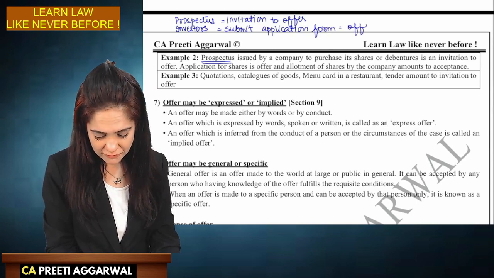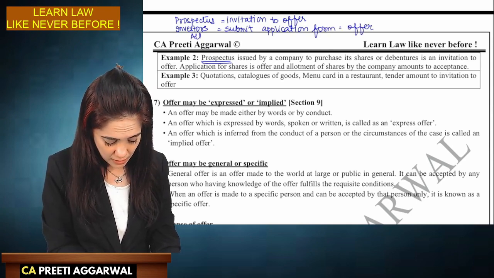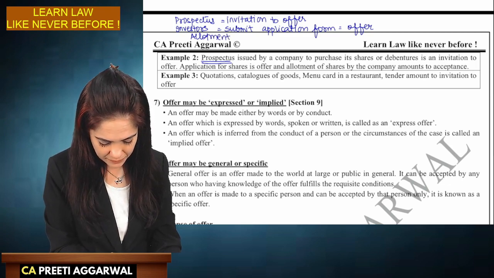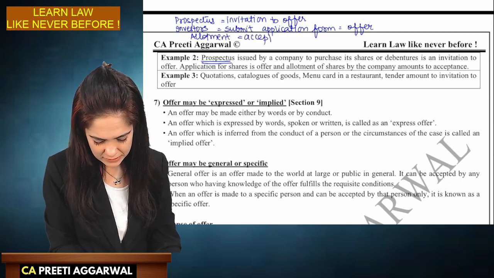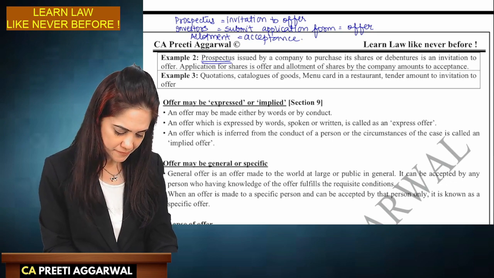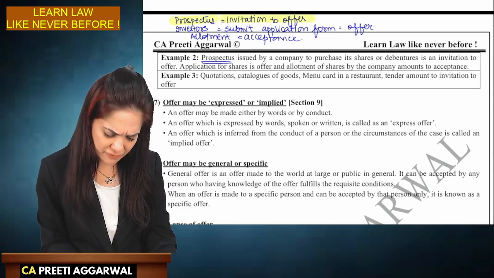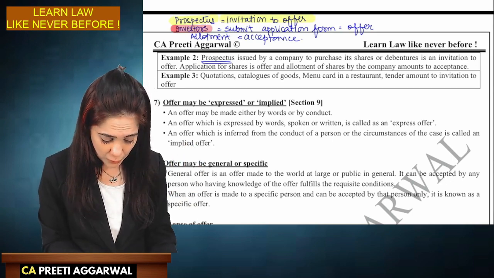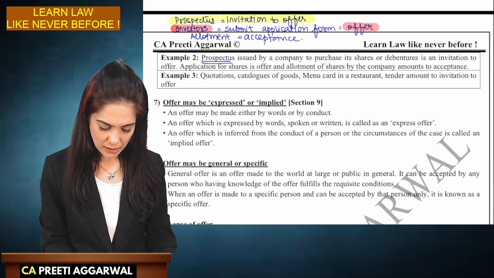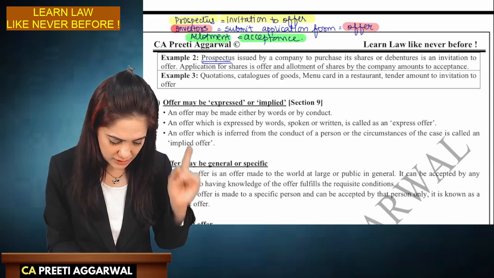That is the offer. Allotment is acceptance. So the prospectus is an invitation to offer. Investors give the offer. The company allots, that is acceptance.